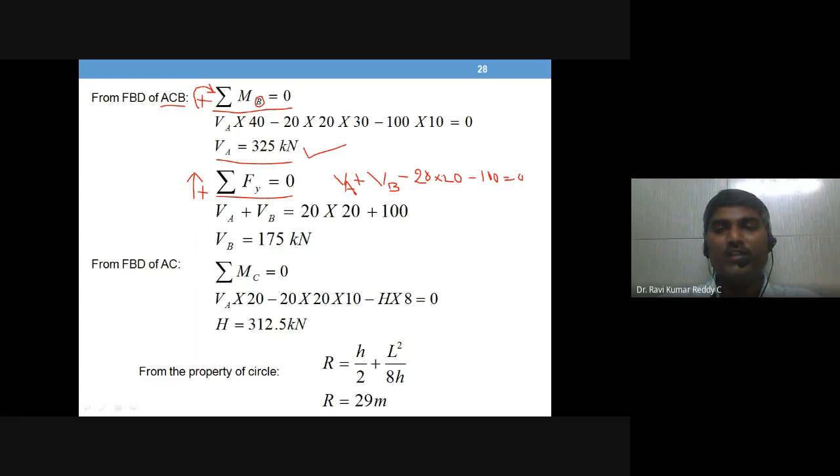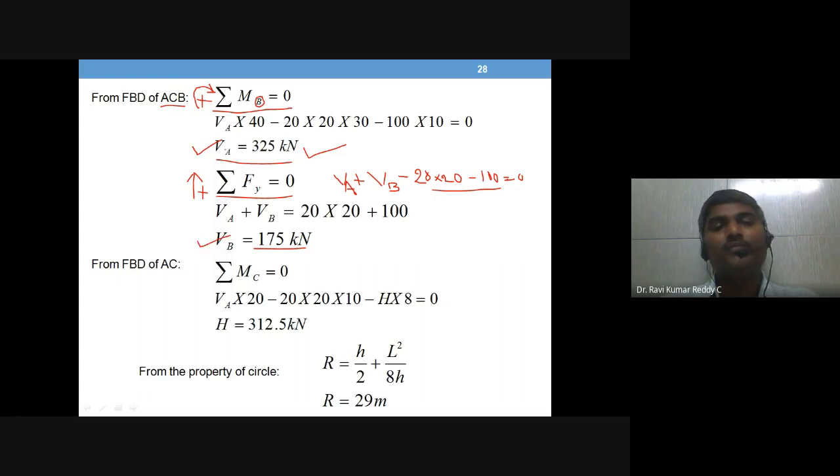This is actually the equation. Then if you take these two values to the right hand side, it becomes VA plus VB is equal to this. And then already you have the VA value of 325, that you substitute, you will get the VB value. So this is how we get the two reactions.